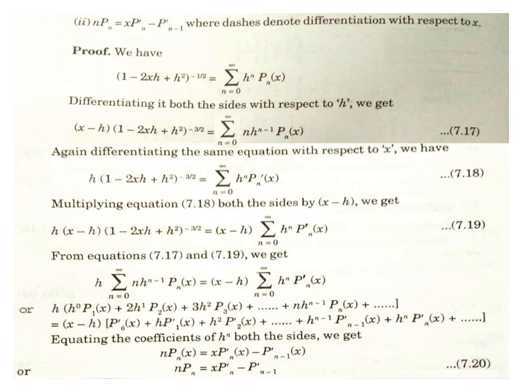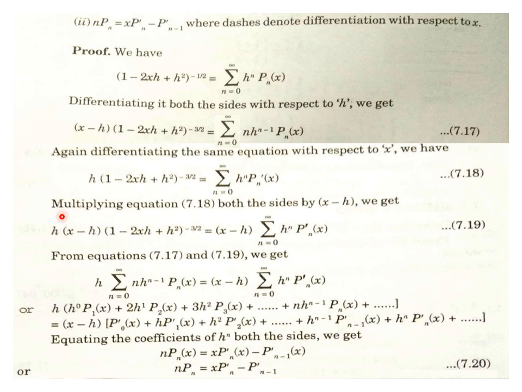Now can we find some standard relation between 7.17 and 7.19? Obviously yes, because that part of 7.19, (x minus h) into (1 minus 2xh plus h squared) to the power minus 3/2, is very much there in the left hand side of 7.17, which equals that sigma.